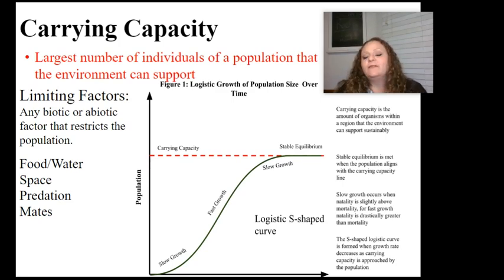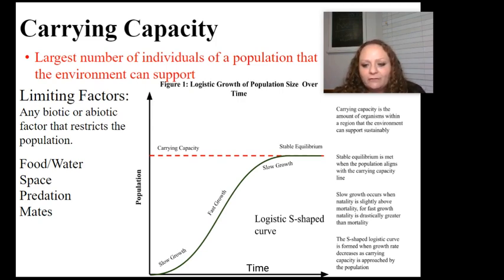So what you're seeing on this graph, and I'm going to suggest to you right now that you really need to write down all of these definitions and you really need to sketch out this graph in your notes. We can actually see that the independent variable here is time. Population growth is our dependent variable. It's responding.